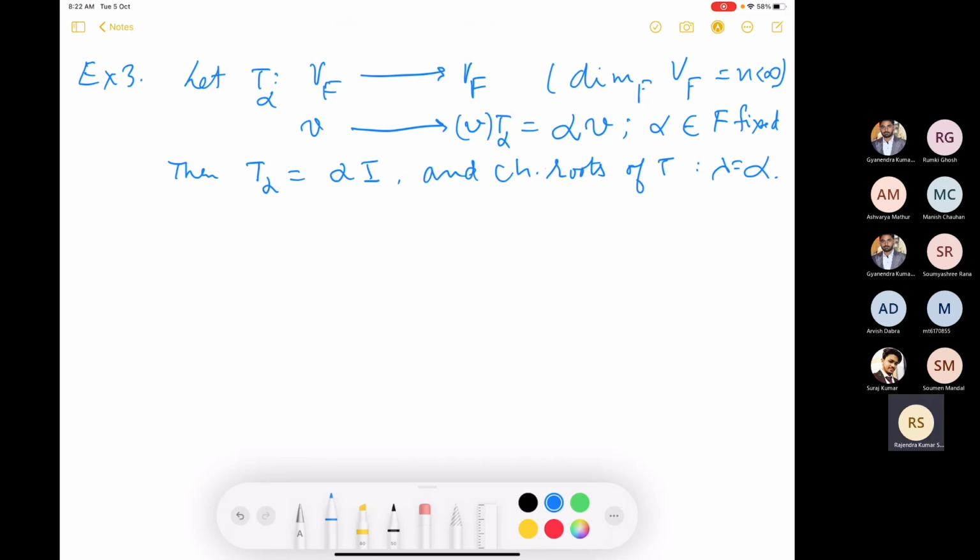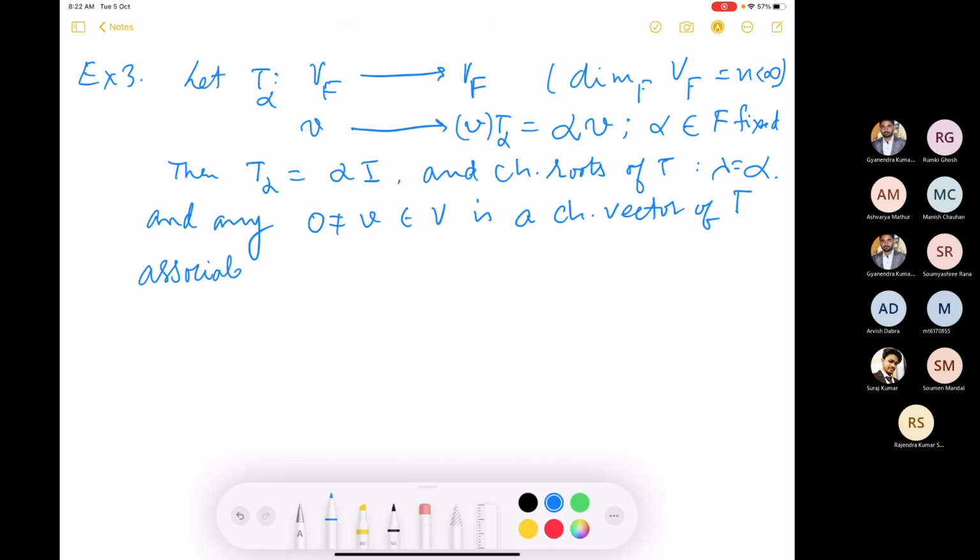And again, any non-zero vector V in V is a characteristic vector of T associated with the characteristic root lambda equal to alpha.